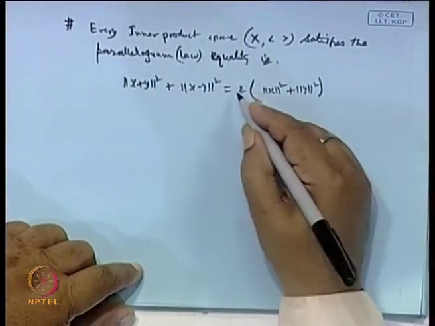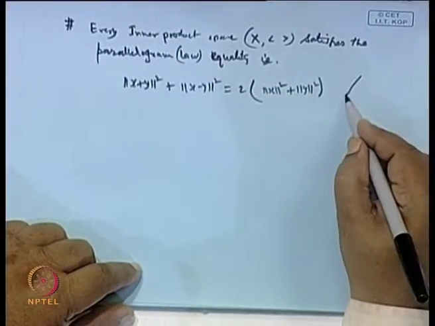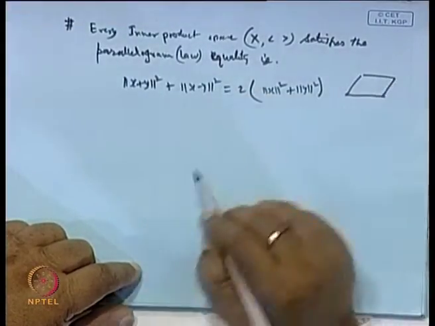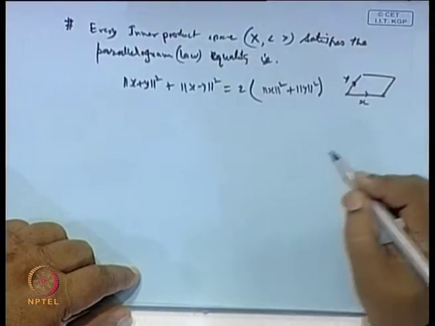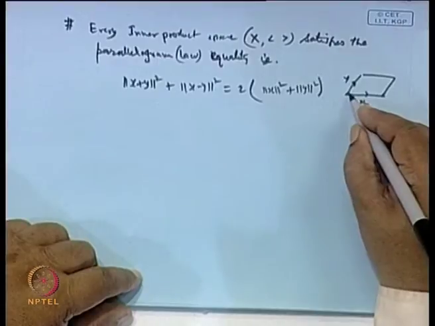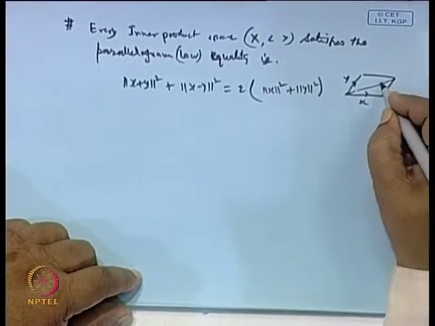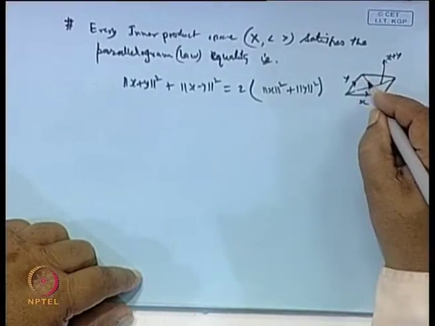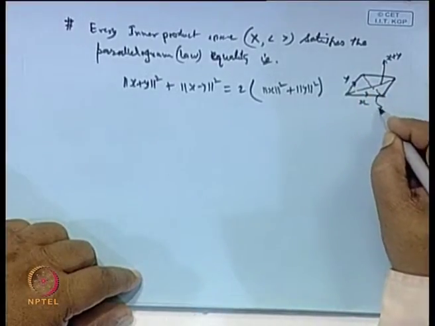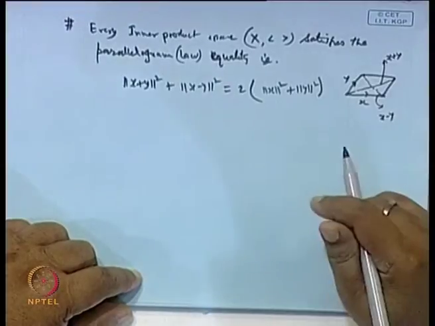The physical concept of this is that if we have a parallelogram having x and y as the side vectors, then this diagonal will represent the vector x plus y, while this one will represent the vector x minus y.